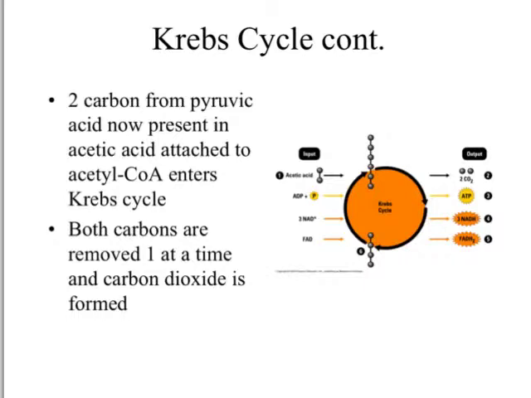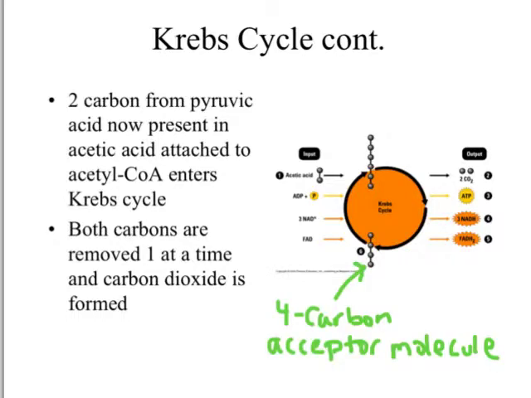It's going to act like a little guide to guide it into the Krebs cycle. And in the Krebs cycle, the acetic acid is joined to a 4-carbon acceptor molecule, and that is right here. Okay, so now we've got a 6-carbon molecule called citric acid, hence the name citric acid cycle.